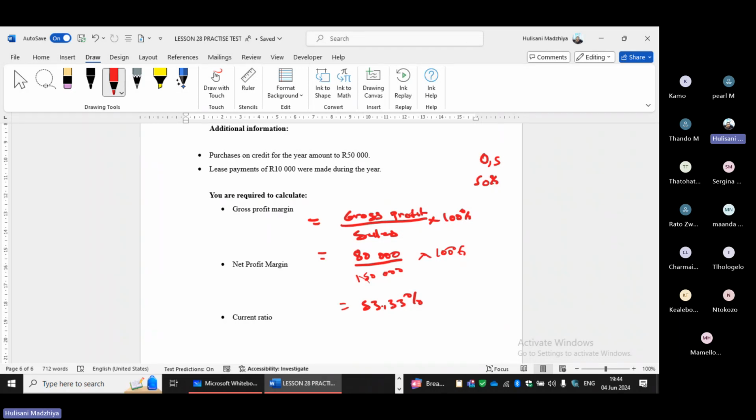And then what you might also be required to explain is what gross profit measures. If we are calculating gross profit, what does it actually measure? So you also need to explain what gross profit margin measures. Gross profit margin measures the profit that has been realized by the company after contribution by cost of sales. So you are going to explain that we are trying to calculate how much profit the company realized after contribution by cost of sales.